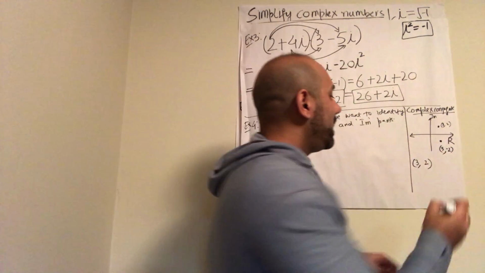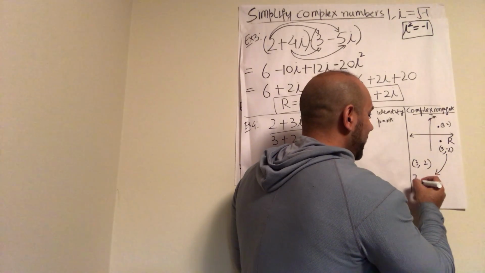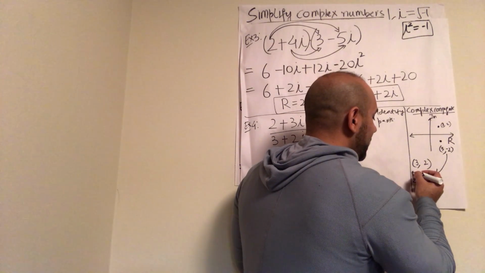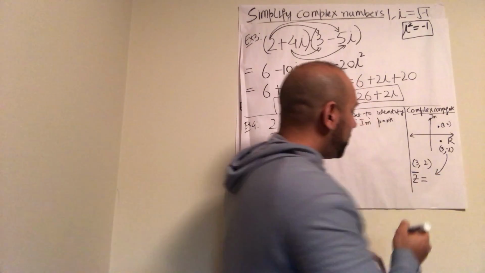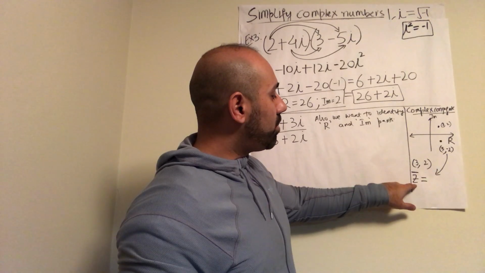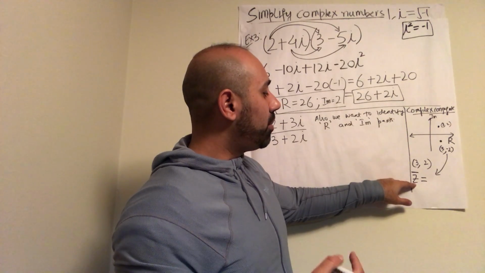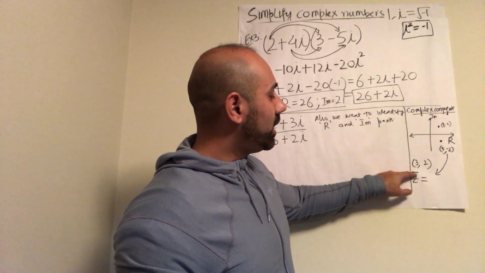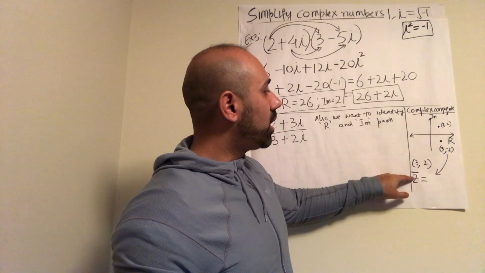This point, written as a complex number, is the conjugate, and the conjugate is represented by a horizontal line on top of z. We know z represents a complex number, and a horizontal line over z represents the complex conjugate.